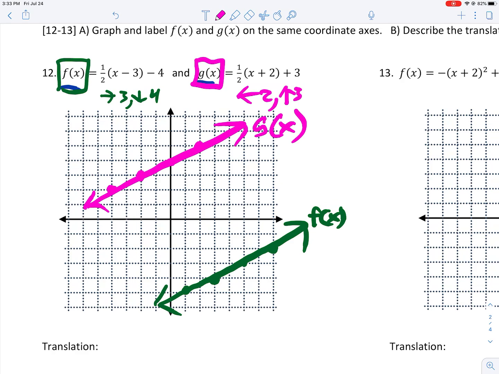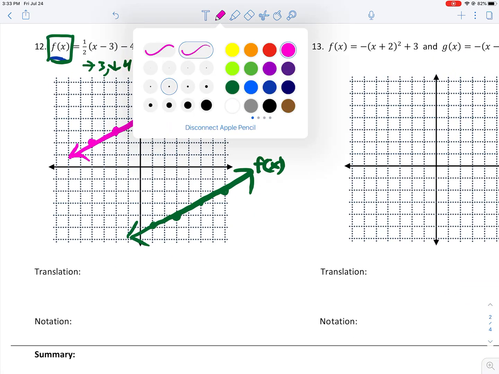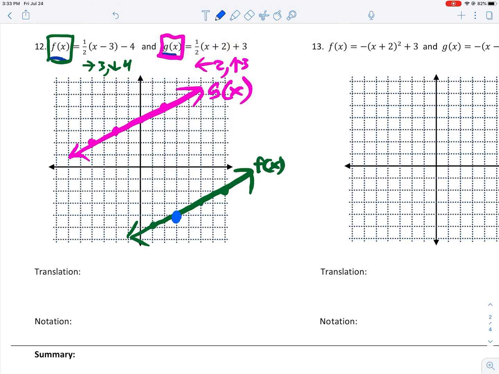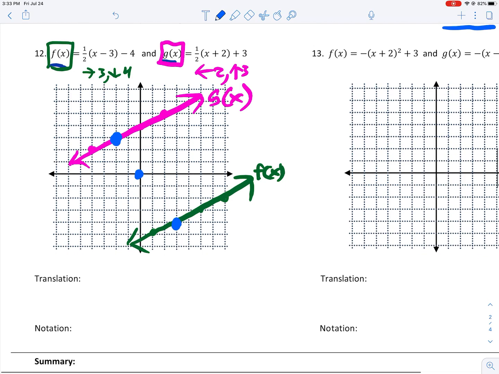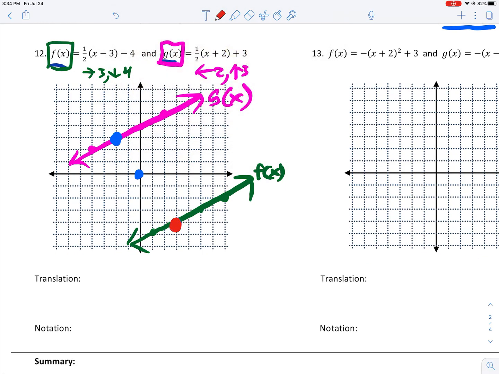So now I want to describe the translation. So I'm going to pick my 2 points that got shifted from the origin. So this point and this point. Those are the 2 that moved from the origin. Right, that was the shift. So how do I go from the blue dot to the blue dot? And we're going from F to G. So how do I get from this red dot here to that red dot there?